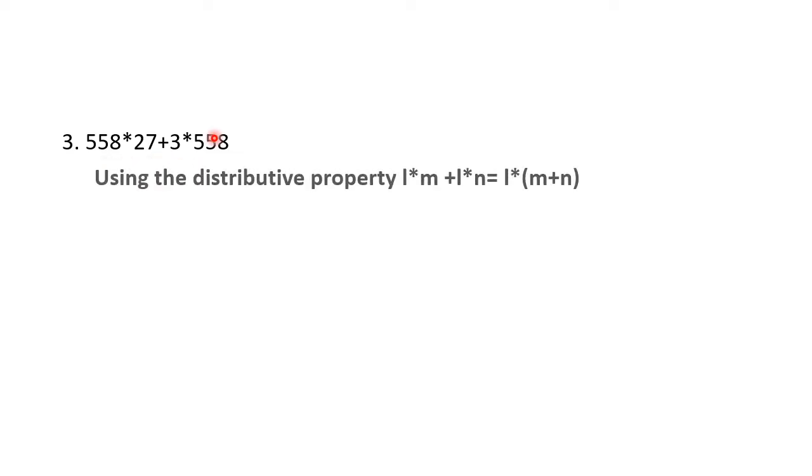Let's move on to the next problem, that is 558 into 27 plus 3 into 558. Now you might have easily identified which property it belongs to. Even this one belongs to the distributive property. Once again, let's write it and compare it.